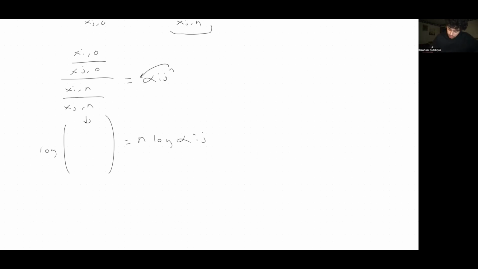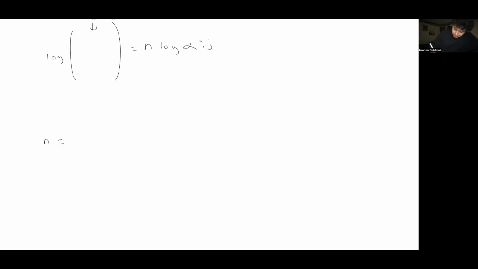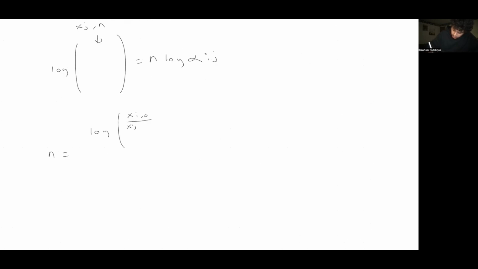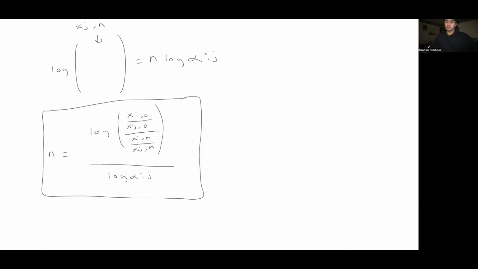I'm about to rewrite this in just a second, but we get n equals the log of that term, xi0, xj0 over xin, xjn, over log relative volatility. Okay, so this is our more generalized derived equation for Fenske.